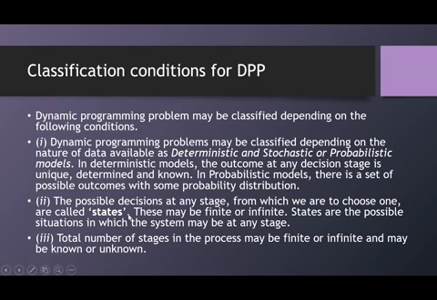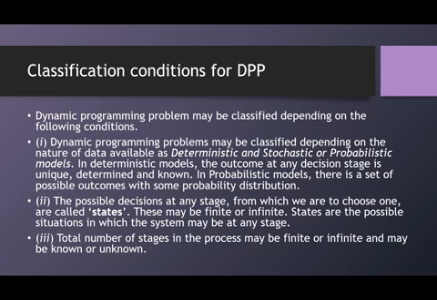So the decision that we choose in each of the stages is called a state of the problem, right? These states may be finite or infinite. States are the possible situations in which the system may be at any given stage. States are the possible partitions in the problem, and the decision situation in the stage is called a state.